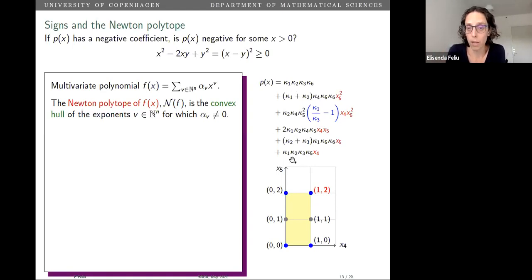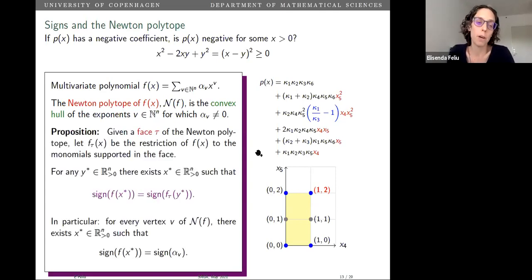So in the polynomial I had before, for example, this is x4, the exponent vector is 1, 0, it's this point, right? For this one, the exponent vector is 1, 2, it's this point. So I do that for all the points. I have 6 points because I had 6 monomials. I take the convex hull. And this object here is the Newton polytope.